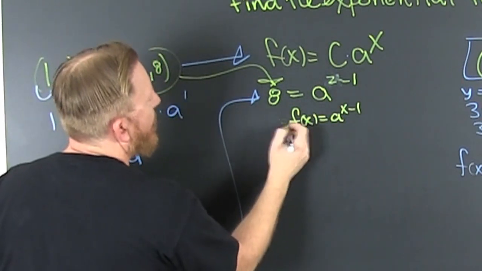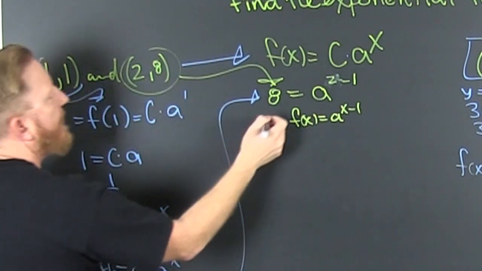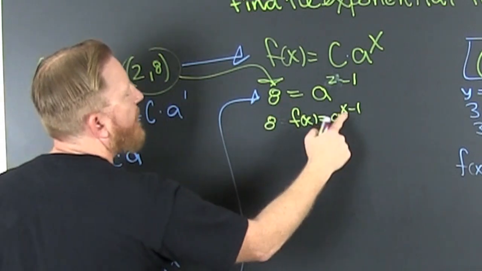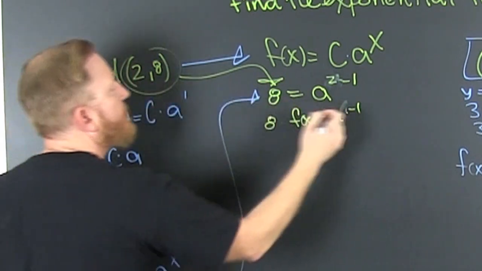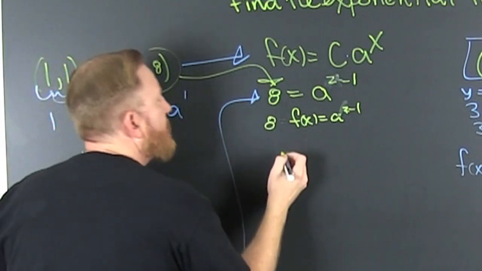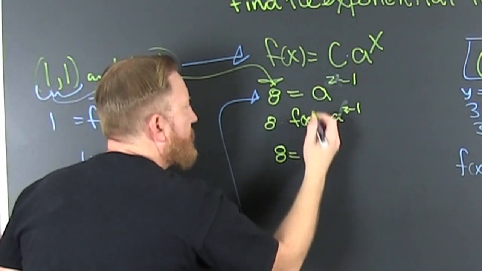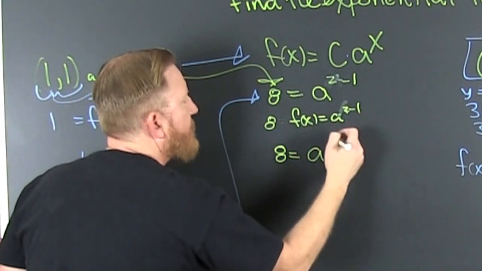So where you saw f of x, that's y, you put 8, and where you had an x, you put a 2. So you deduce that 8 is equal to a to the 2 minus 1, which is a to the 1.